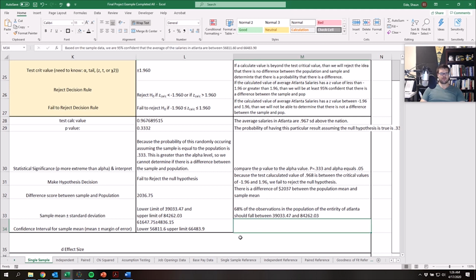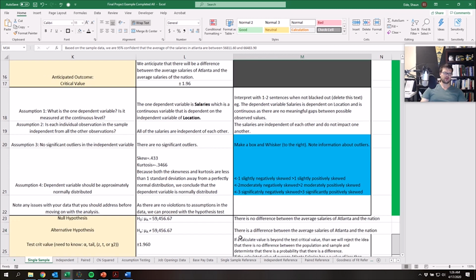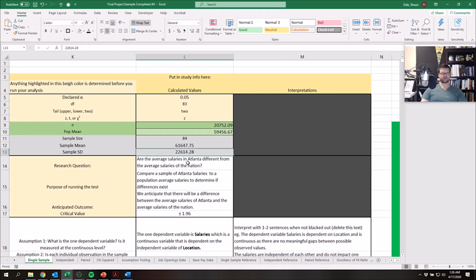In other words, we're 95% confident, because we calculated the margin of error with a 5% alpha. So how do we get the margin of error?